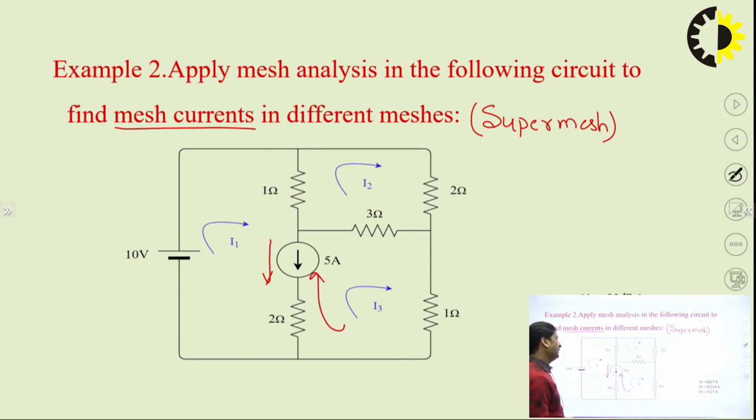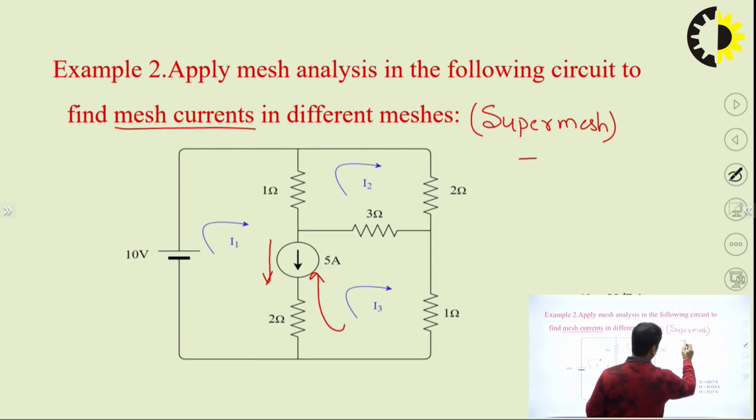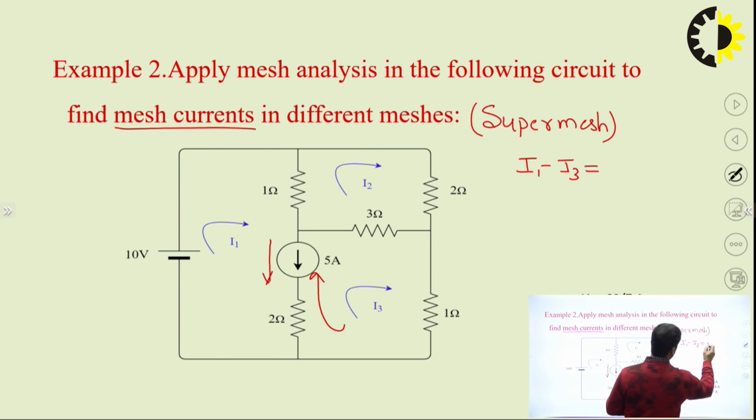So it means that the effective current through this source is going downward. It means that the value of I1 minus I3 will automatically be equal to 5 ampere.